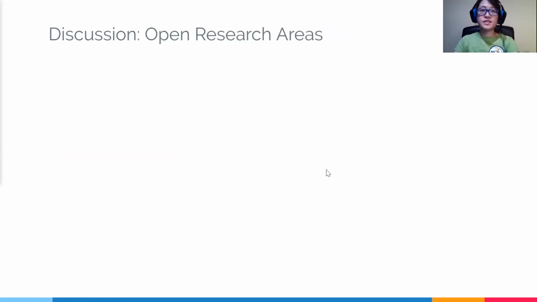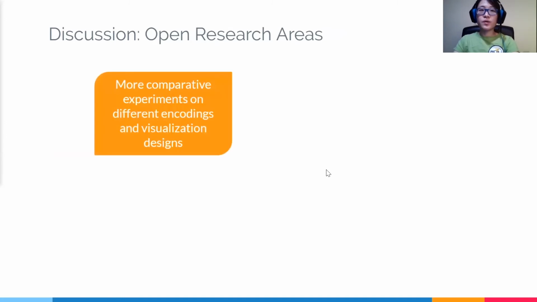After discovering the gaps, inconsistencies, and conflicts in the existing literature, we summarize some research areas that the community can focus on to better cover the visualization design space. For example, the experimental literature only covers approximately 20% of all possible visualization designs. This suggests that we lack an overall understanding of how these visualization designs perform in the real world. So we need more comparative experiments to provide enough evidence as input to automated visualization design systems.